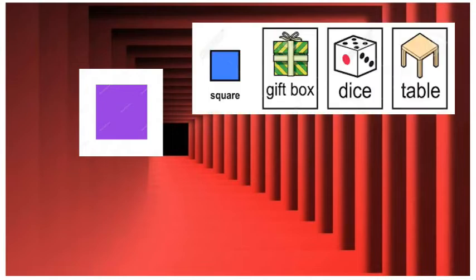Children, did you know what shape is this? Any idea about these shapes? A square. Very good. This is a square. It's like a gift box, dice, or table. Do you know how many sides and how many angles does a square have?